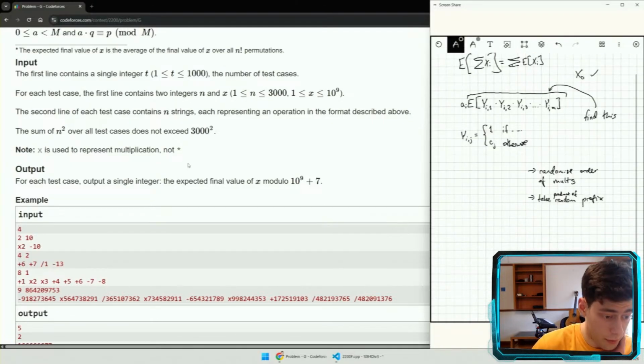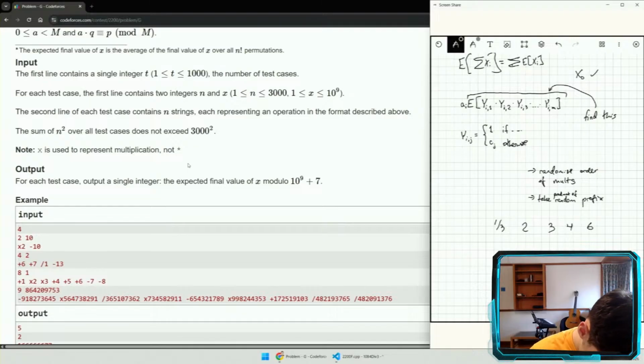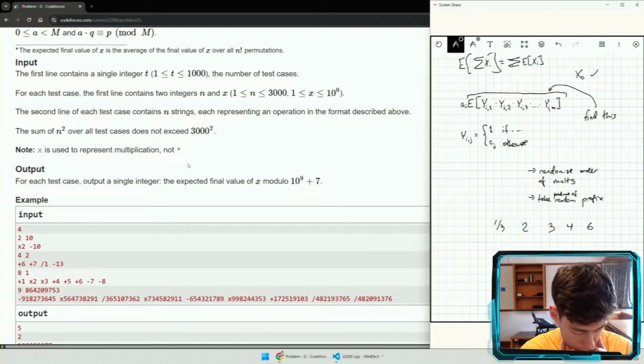So I've got a bunch of numbers that I'm multiplying by. Let's say like 1/3, 2, 4, 6, 3. I'll just do them in increasing order because why not? Random permutation of these, and then I multiply by their random prefix. And I want the expected value.